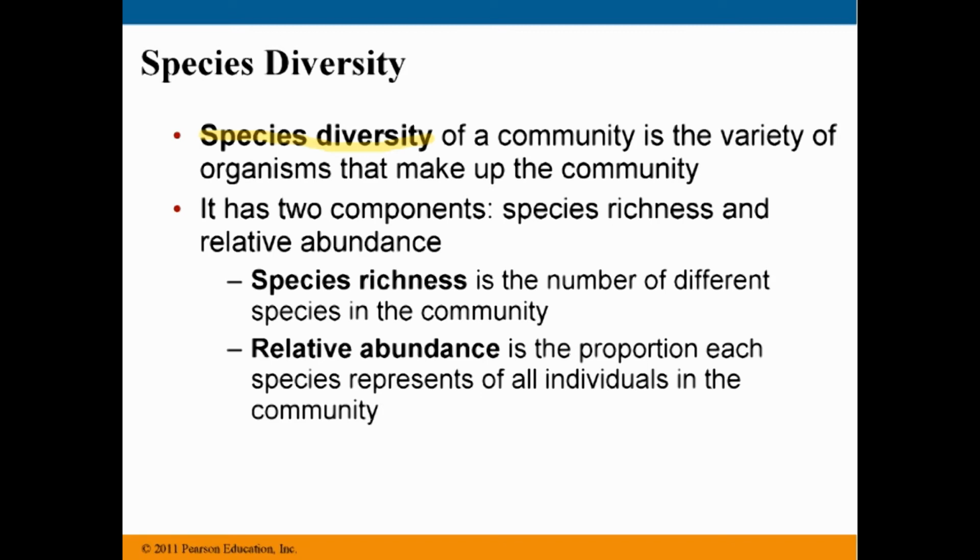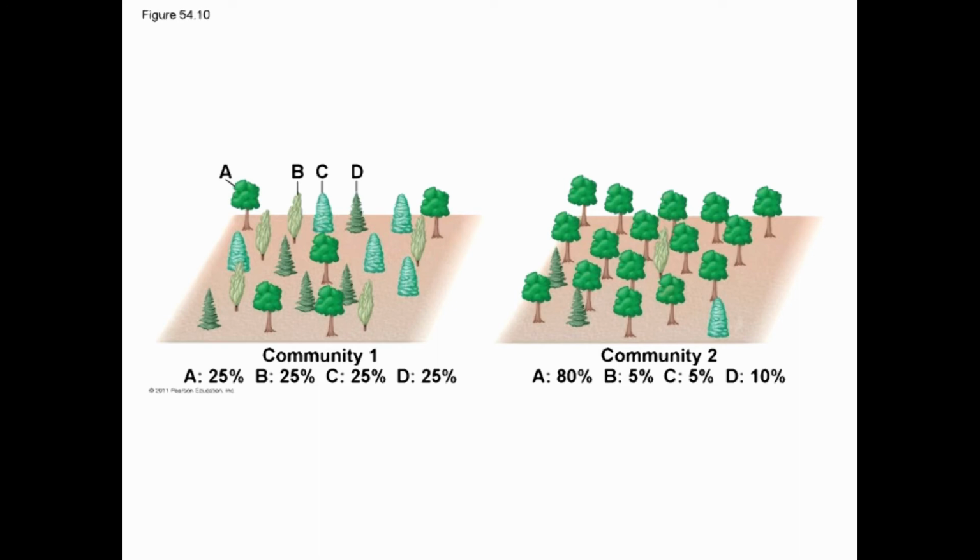We're going to see two components: species richness and relative abundance. So species richness, you're looking at how many different species live within a community. Relative abundance is the proportion that each species represents of all individuals within the community. Okay, looking at community 1 versus community 2.